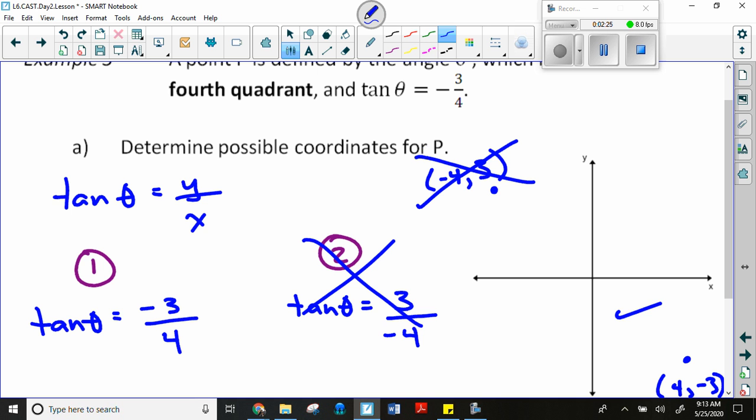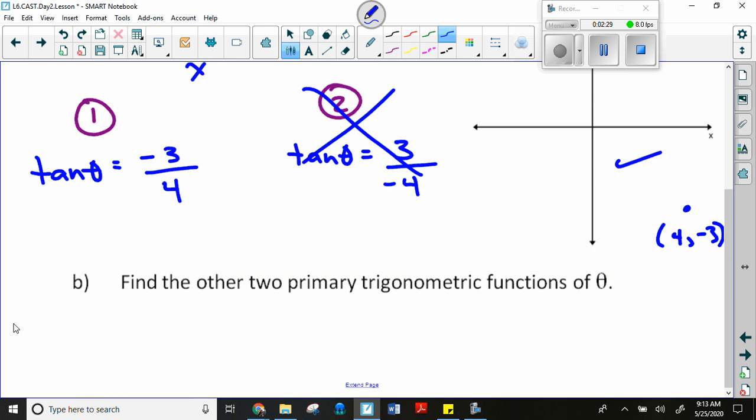Okay, determine possible coordinates for P. We figured that out. So what that means is that we've got our terminal arm in the fourth quadrant, and it hits that coordinate.